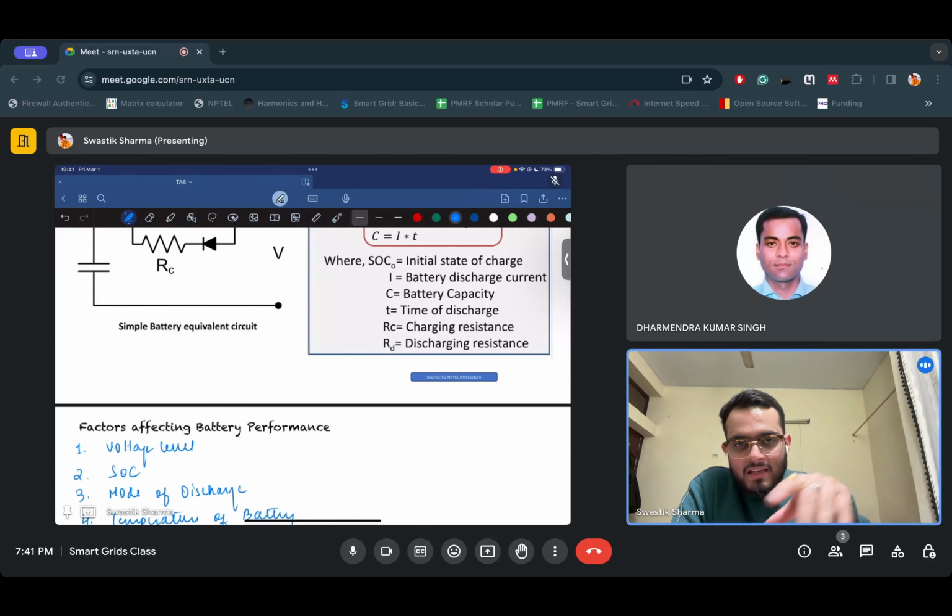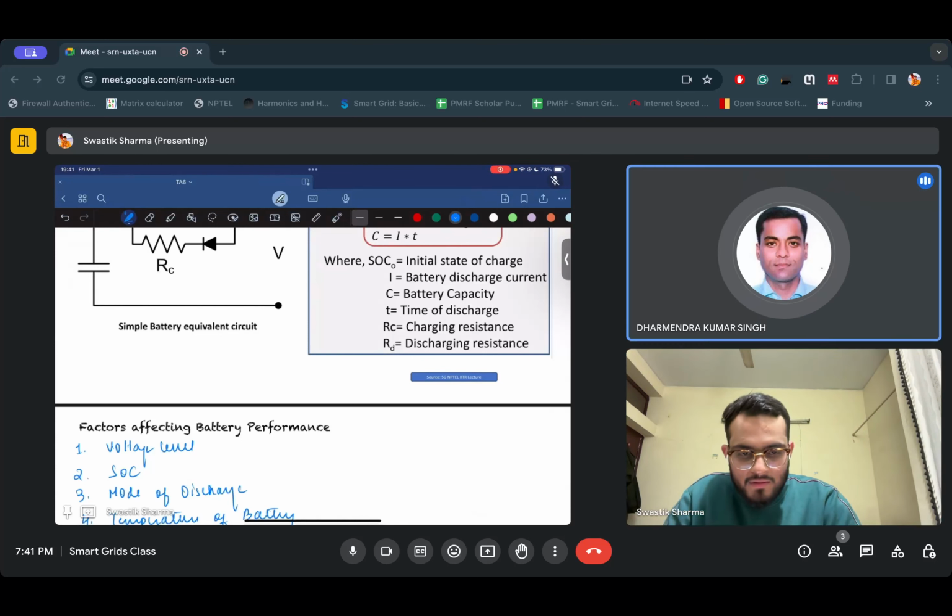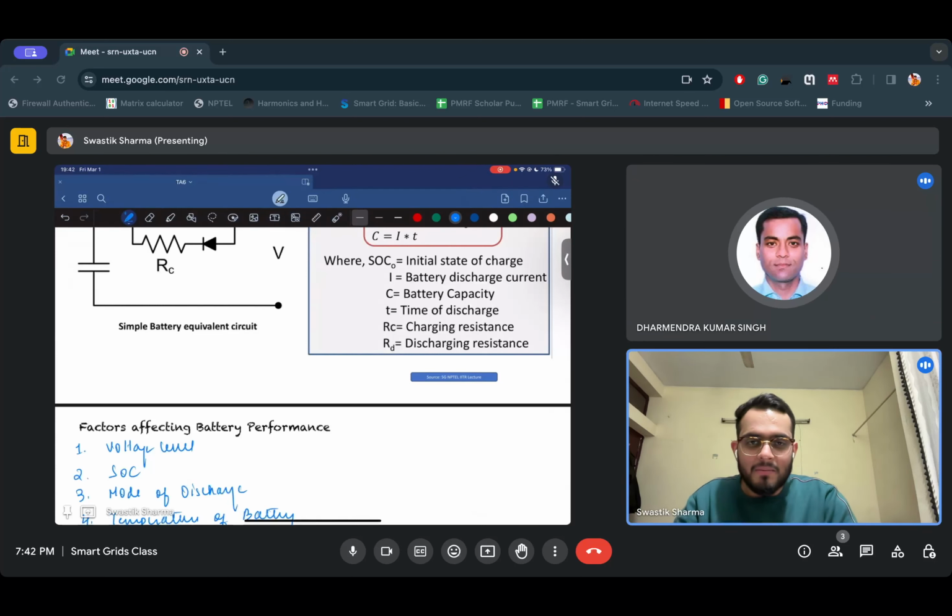So how is the level? Is this too advanced? It is somewhat advanced compared to the basic course. About 60 to 70 percent is the same.